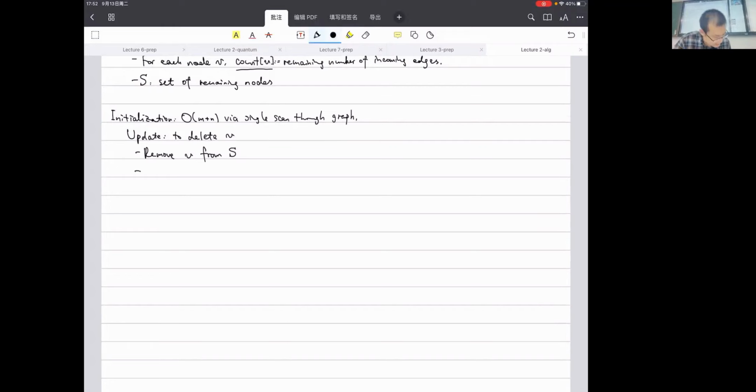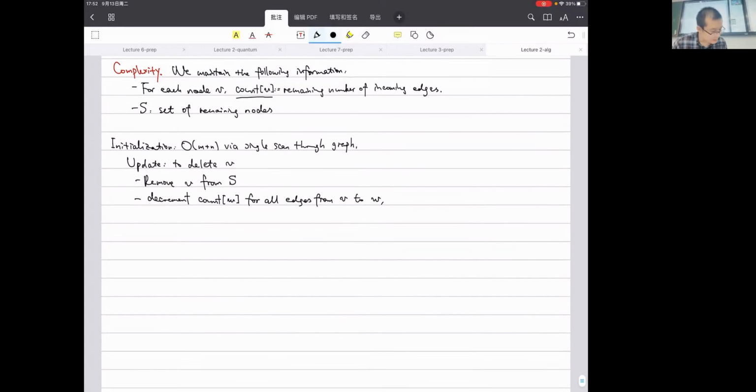So we just decrement count of w for all edges from v to w.